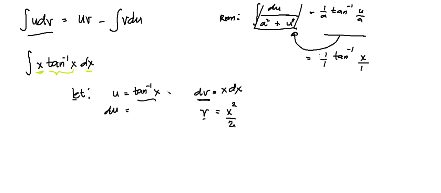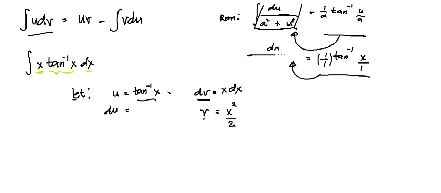Usually we don't write this 1 over 1, and we also don't usually write x over 1 here. So the arctan of x is also equal to this one.